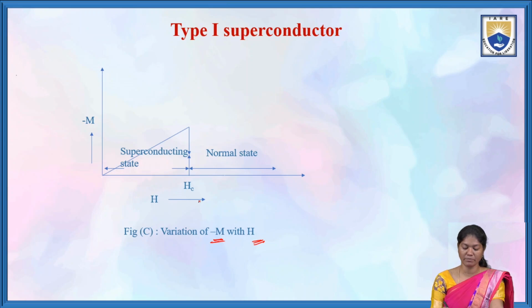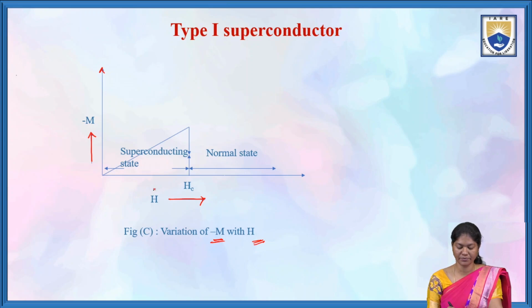Taking the applied magnetic field on the x-axis and the opposing magnetization on the y-axis, the region where H is less than HC shows a superconducting state.